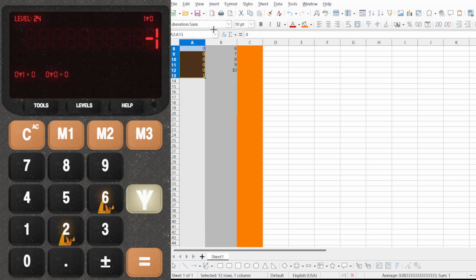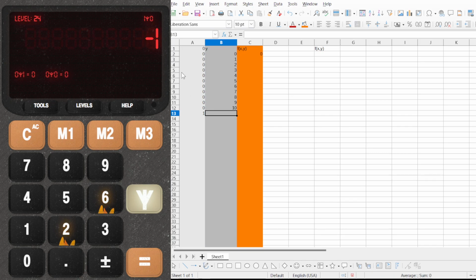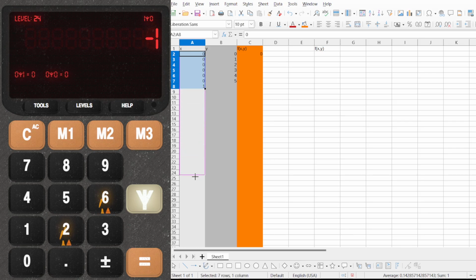Then we're going to do a little bit of adjusting, because this is also a good opportunity for me to learn how to use Libre Office the best way. So let's go for 0, 0, 0, 0, 0. This should be enough. 0, 1, 2, 3, 4. Okay, we're going to go for one more. And now we're going to write in a 1. We're going to expand this one. 4, 5.